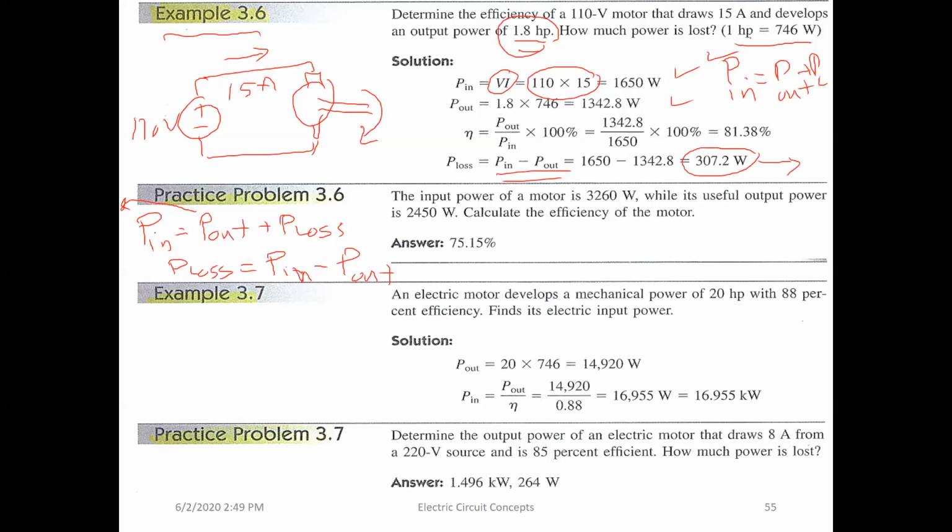Now to find the efficiency, again, this is the formula for the efficiency. P out, plug it here, over Pin, multiply by 100 to put it in a percentage. So it's 81%. So this machine is efficient, with almost 19% getting lost.